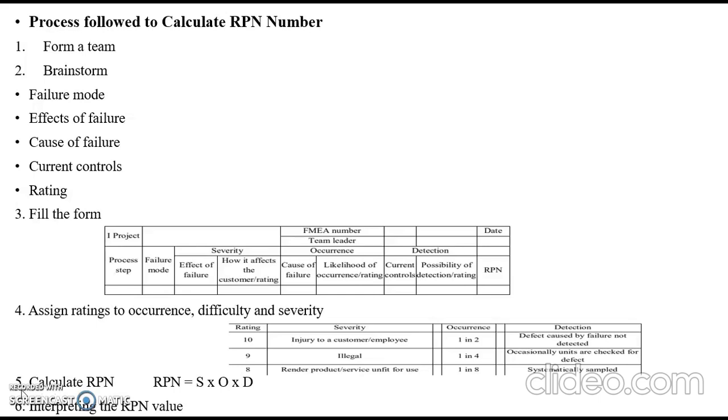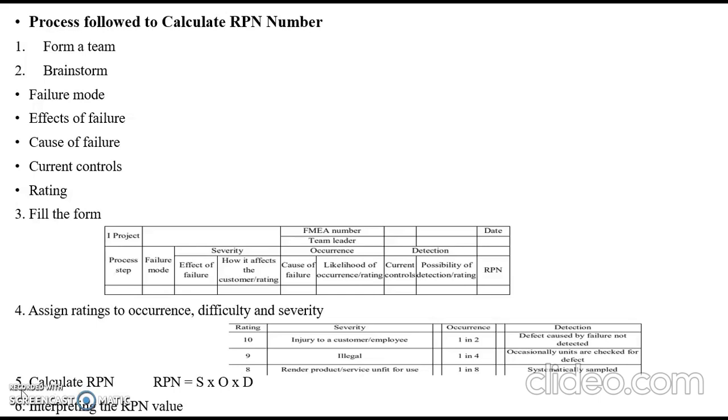These RPN values are relative and gain meaning only when they are compared and weighed against RPN values for other failure modes. RPN values are used to compare the risk of identified failure modes. A high RPN value indicates one or a combination of 3 things, that is severity, occurrence and detection.